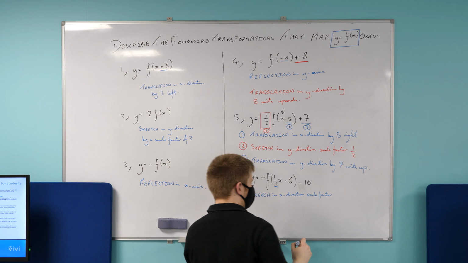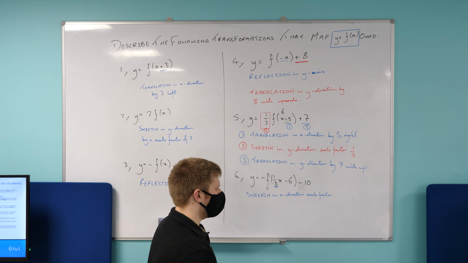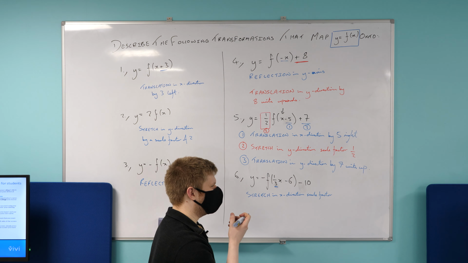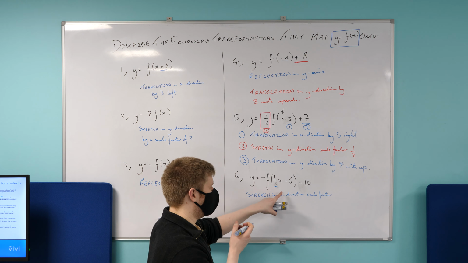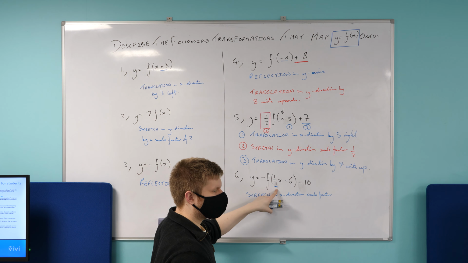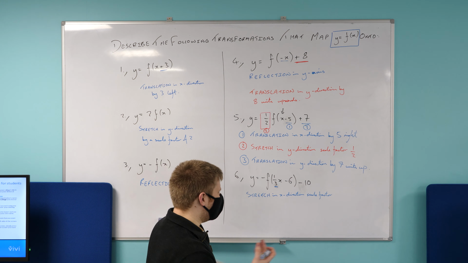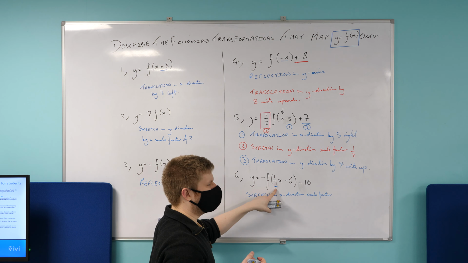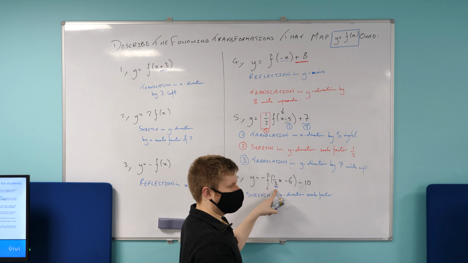Are you sure it's a stretch in the x direction with a scale factor of a third? Remember, it's the x direction. It's the opposite of what you think it should be. Look back on your table. You think it should be a stretch in the x direction with a scale factor of a third, don't you? But it's not a third, you're actually multiplying by 3 instead.